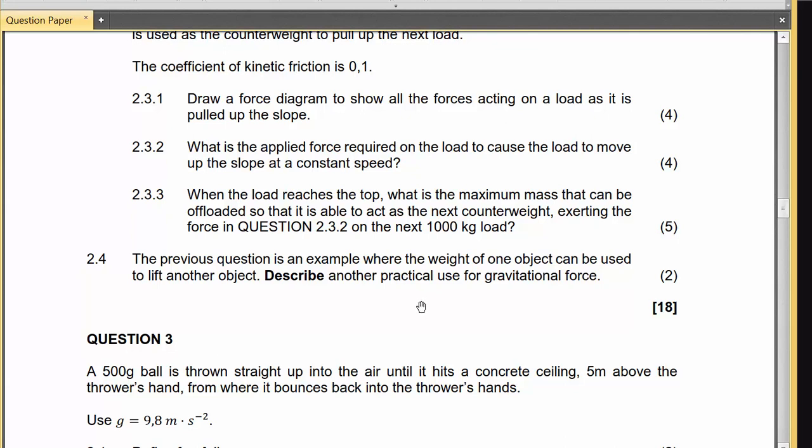Another example, not even a waterfall, even just water in a river flowing. Why is it flowing? Because gravity is pulling it to a lower level. So a waterfall is an example.